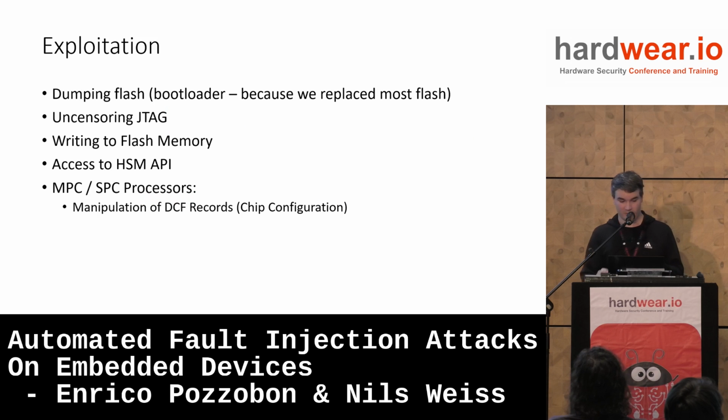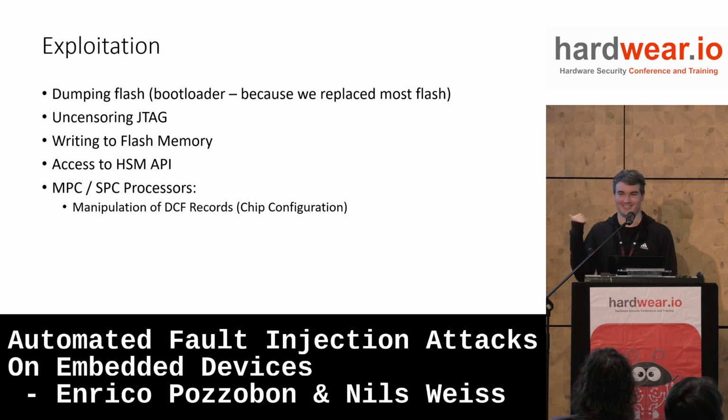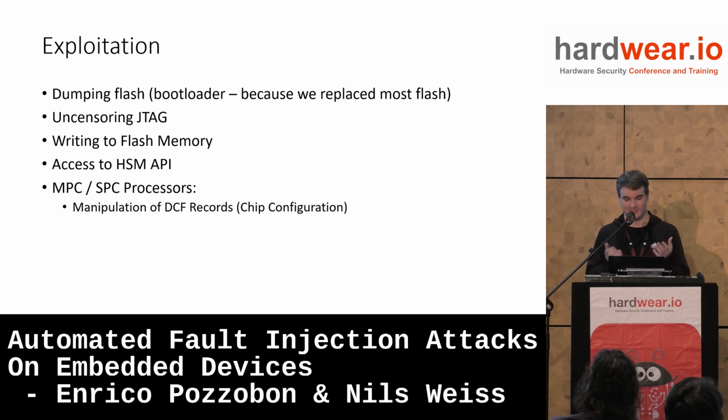What can we do with it? We can dump the flash, but remember we erased the flash to run this attack. We were running only from the bootloader, basically. So we can only dump the bootloader, which is still interesting. We can still get a lot of knowledge from the bootloader, but it's not as good as dumping the firmware.